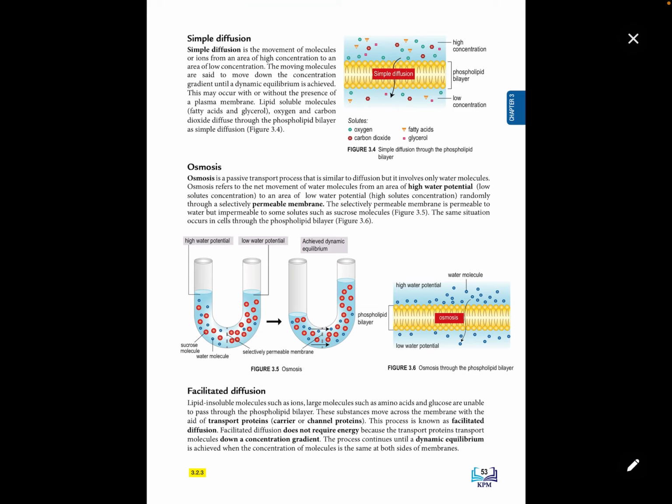Next is facilitated diffusion, and if I'm not wrong, it still has movement from a higher to a lower concentration. Remember, simple diffusion and passive transport are from high to low, and none of these require energy. But facilitated diffusion needs carrier and channel proteins to help transfer these nutrients.